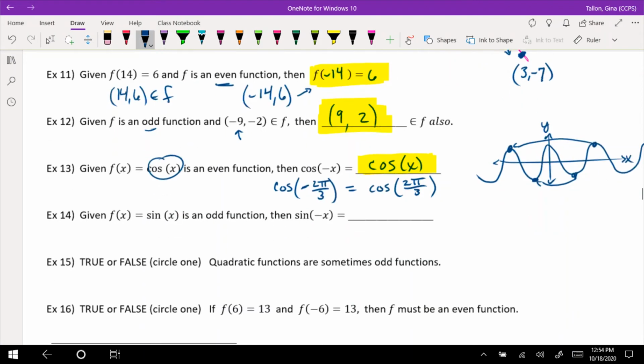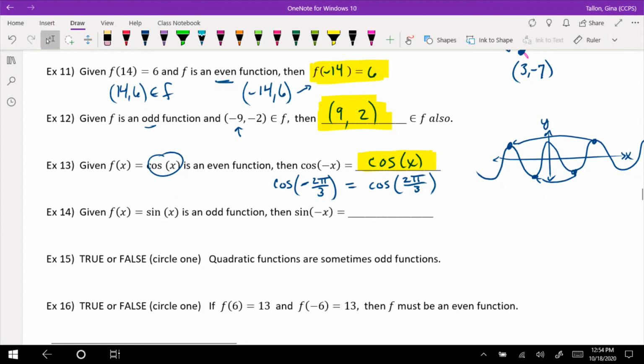Okay, moving on to the sine function here. The sine function is odd. That's the truth. If this is my xy axis, and you already know what this looks like, the sine function does this thing, and it goes right through 0, 0 like it has to.